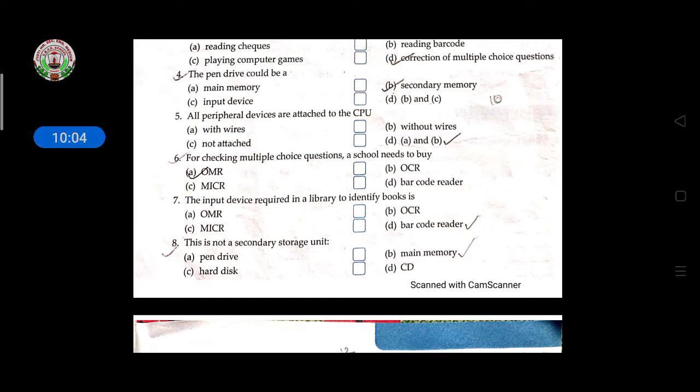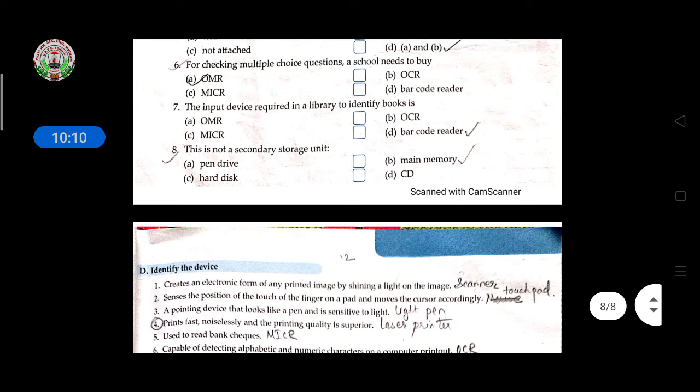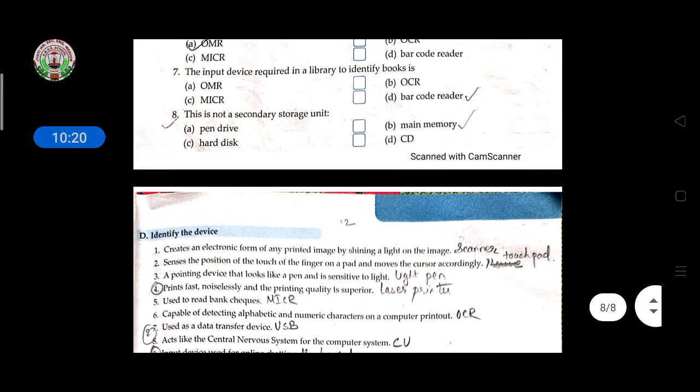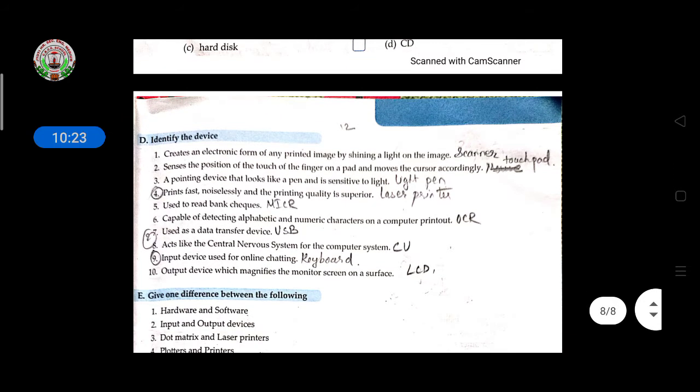For checking multiple choice questions, a school needs to buy OMR. The input device required in a library to identify a book is a barcode reader. This is not a secondary storage memory, it is main memory.